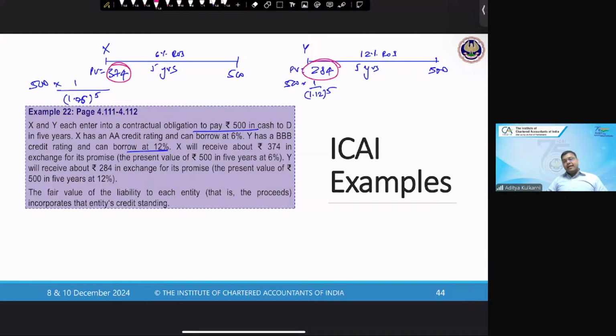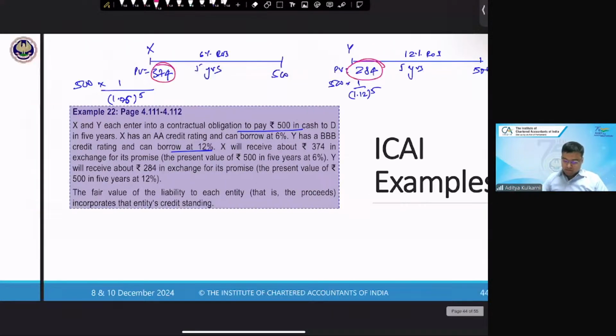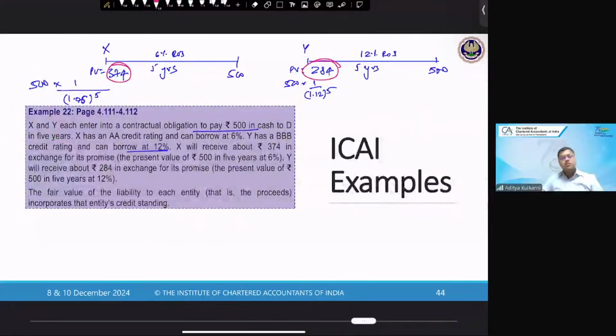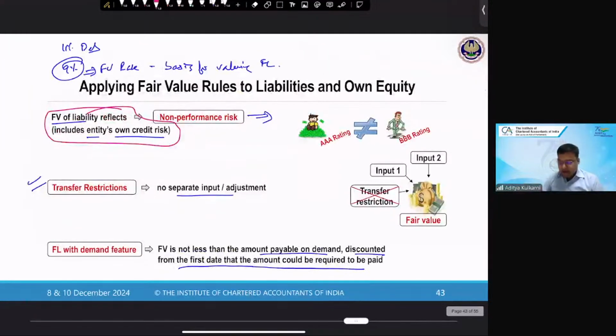So can I say that the fair valuation is incorporating the credit rating of each of these entities? Yes. Can I say that this is what is meant in that particular value of 374 and 284? Yes or no? It is incorporated, right? And therefore, you will have to consider that.